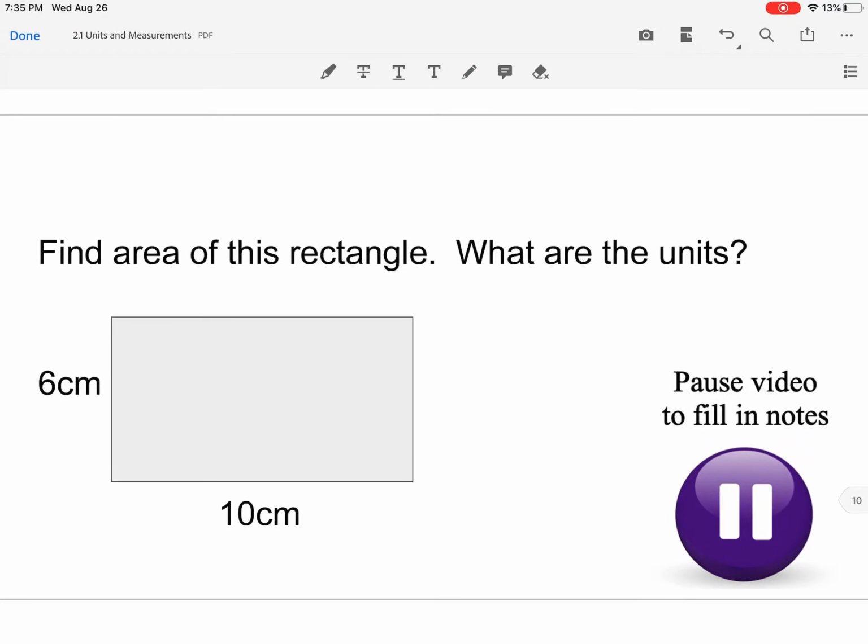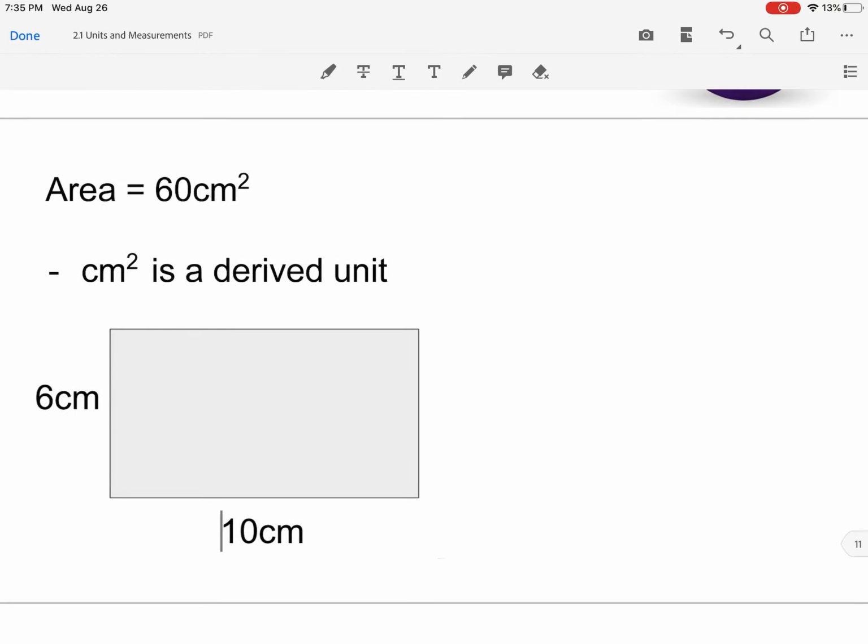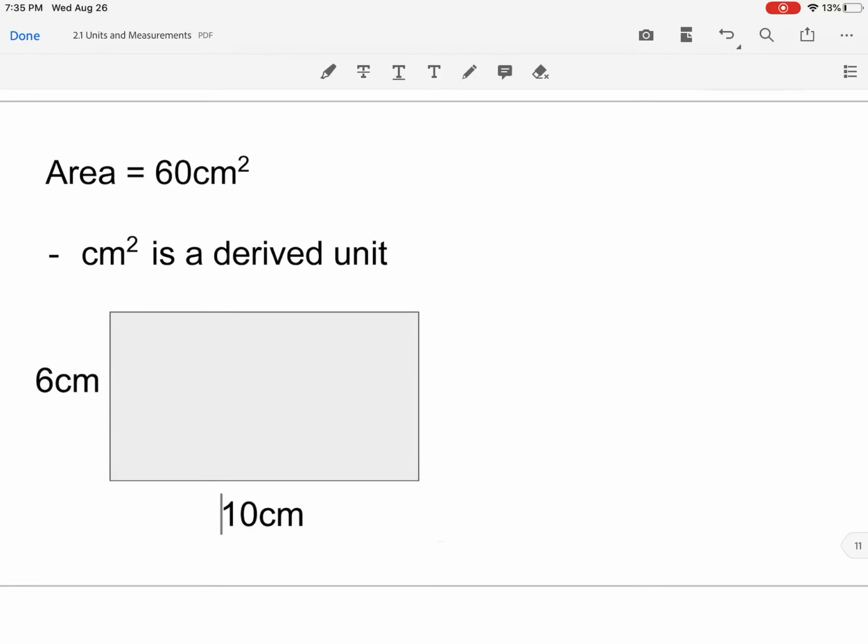All right, here's a chance to quiz yourself. Find the area of this rectangle and write the appropriate units. So pause the video to calculate it, write it on your notes. And you hopefully got 60 centimeters squared. So centimeters squared is a derived unit, right?